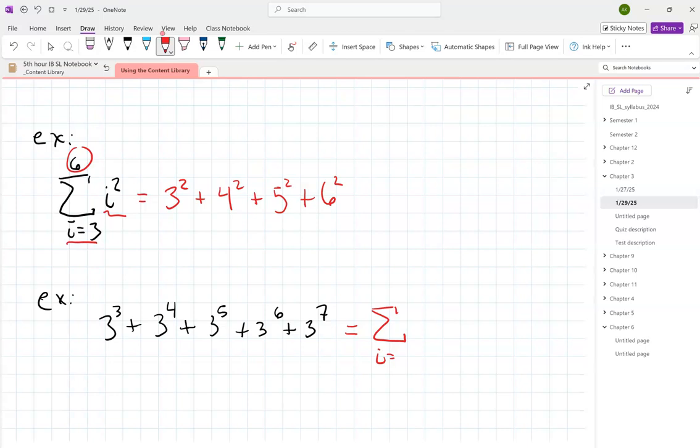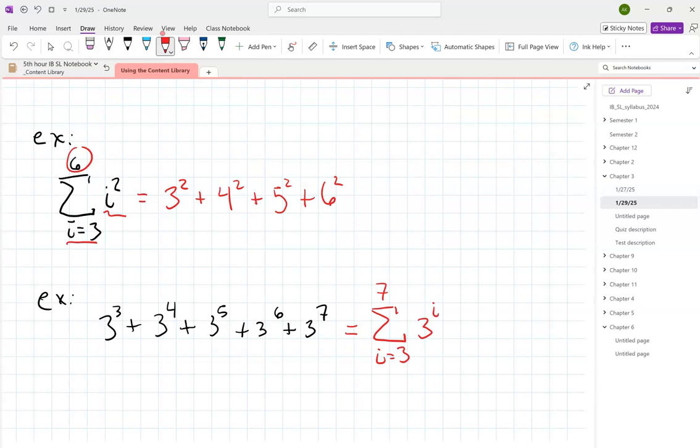What's changing? The exponent. So the thing that I'm adding up is going to be 3 to the i, right? Where that 3 stays the same, the i is the thing that changes. Everybody feel good? Where does the addition begin? And where does it end? Looks pretty good.